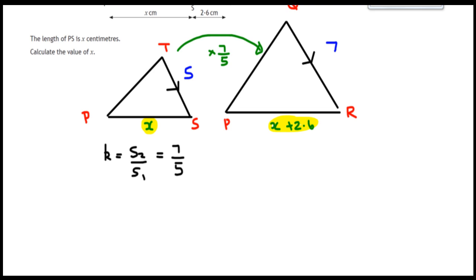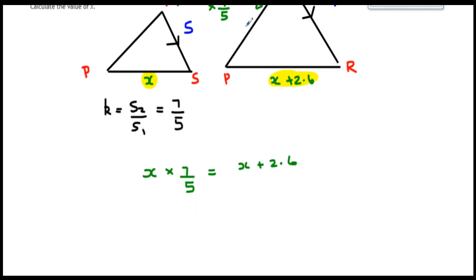So x multiplied by 7/5 would give you the long side here, PR, which is x plus 2.6. If I tidy that up, that means 7/5 x's is equal to x plus 2.6.